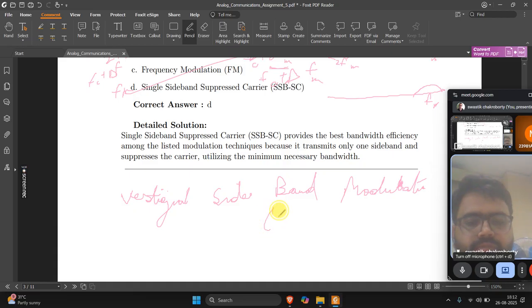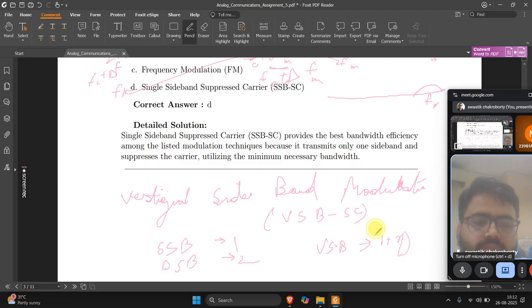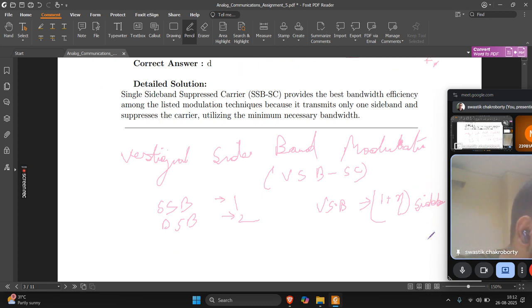Now in VSB-SC, like in SSB you have one sideband, and in DSB you have two sidebands, but in VSB you will have something like 1 plus eta sidebands.